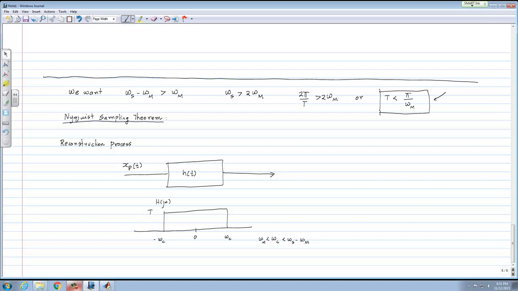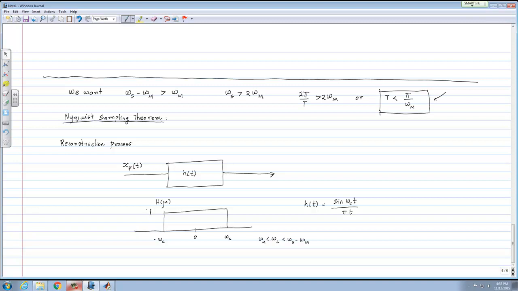If the gain of my filter were 1 instead of T, then this would be sin(omega c t) divided by pi t.